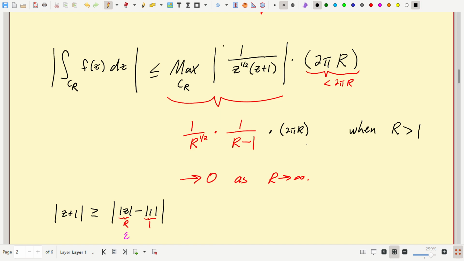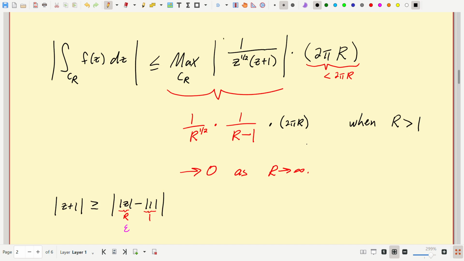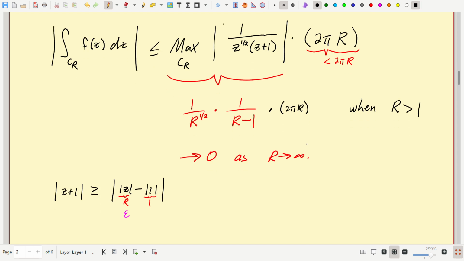So I was at this point where I was going to explain why I needed that denominator estimate. It's a very common error to put something like r plus 1 in that spot where I have the r minus 1. But because that's in the denominator, I need the denominator estimate. I need the modulus of z plus 1 to be bigger than or equal to something.